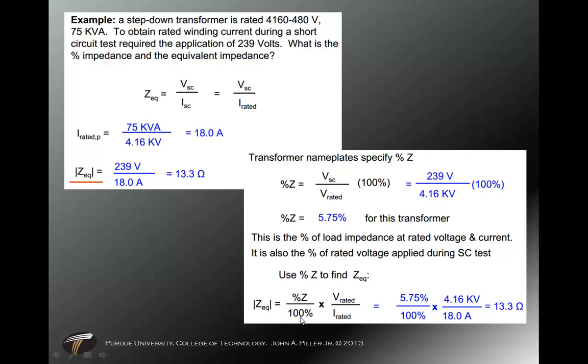Percent impedance divided by 100% times V rated over I rated gives you 13.3 ohms. So we can go from a nameplate value, 5.75, that was discovered empirically at the factory under safe conditions, all the way up to 239 volts on a 4160 volt transformer, so that in the field we don't have to do that to get this calculation. It's percent impedance.